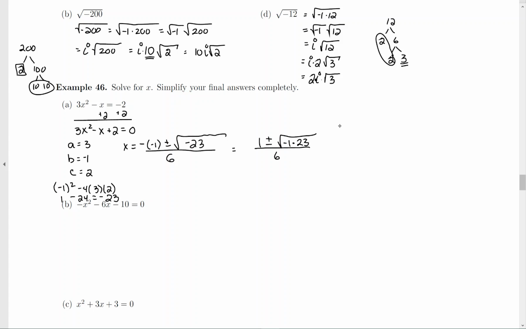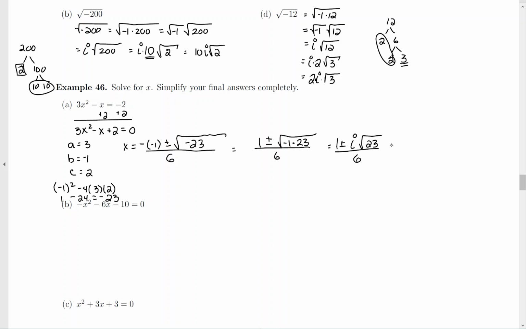divided by 6. We already know that the square root of negative 1 can be renamed i. The square root of 23 will leave under the radical. That's prime. We wouldn't be able to break that down any further.